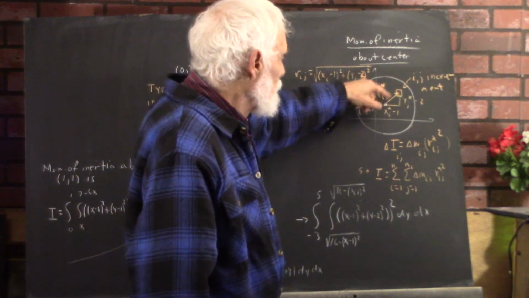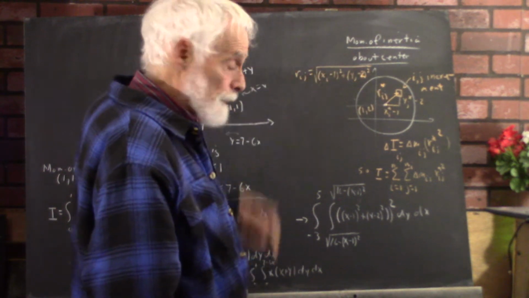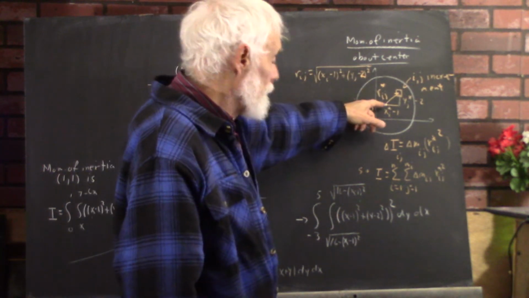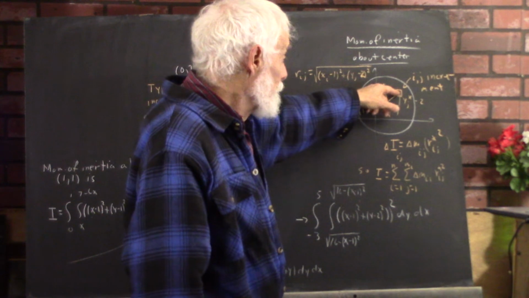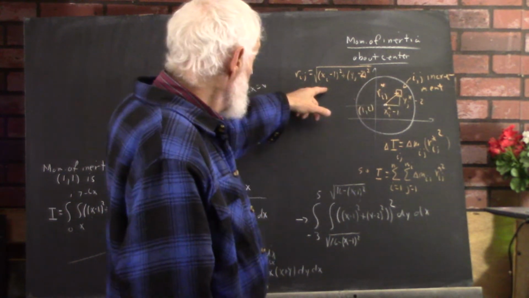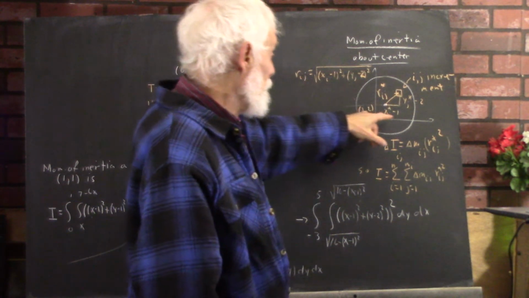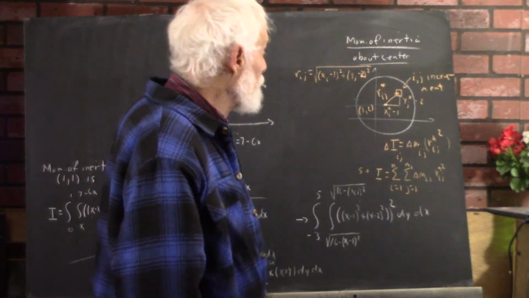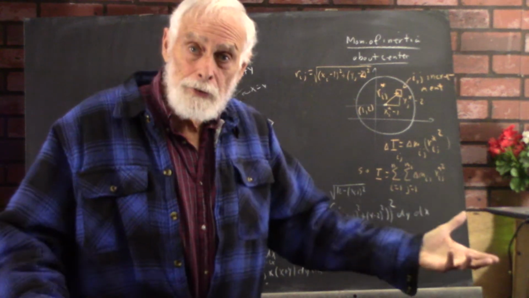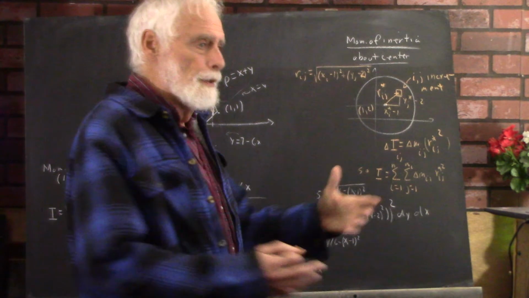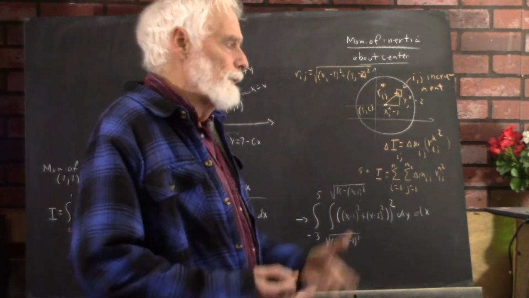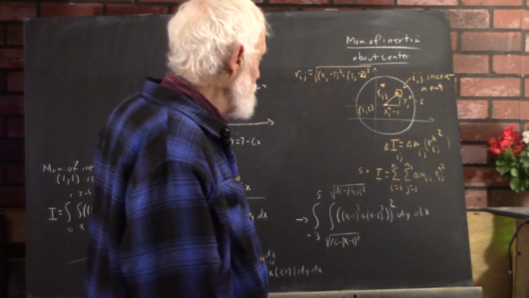So this Rij star, distance from the axis of rotation to the sample point in this increment, is just the square root of the sum of the squares of these two things, which actually coincides with the density function. Now, there's no reason they should even be related, but just coincidentally that's what we get.